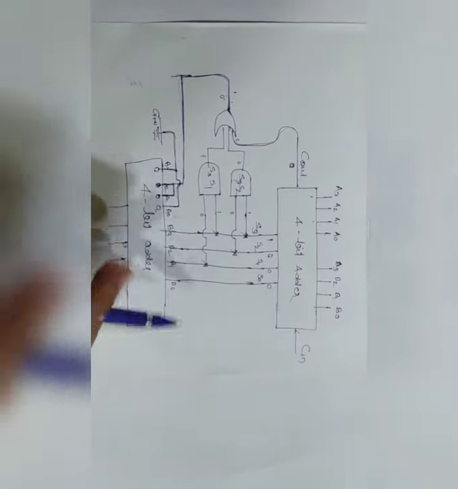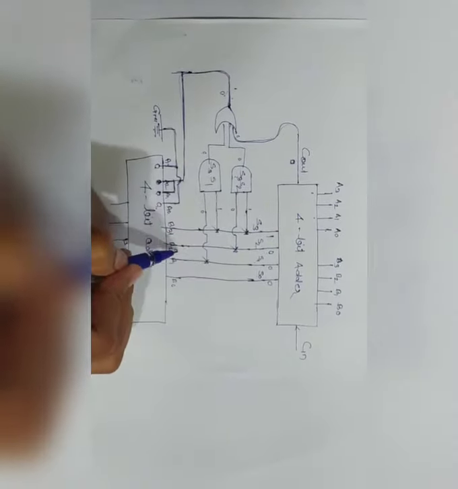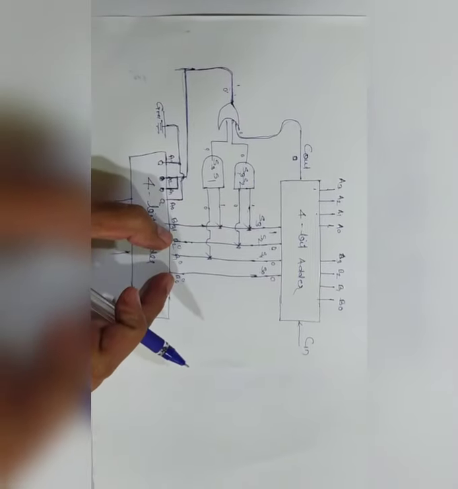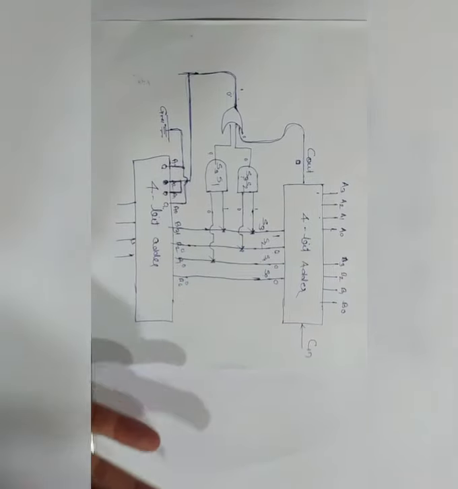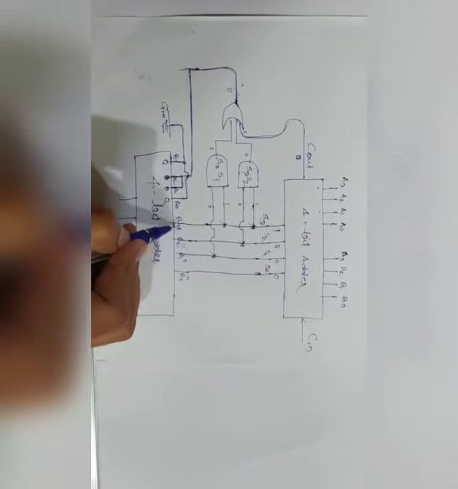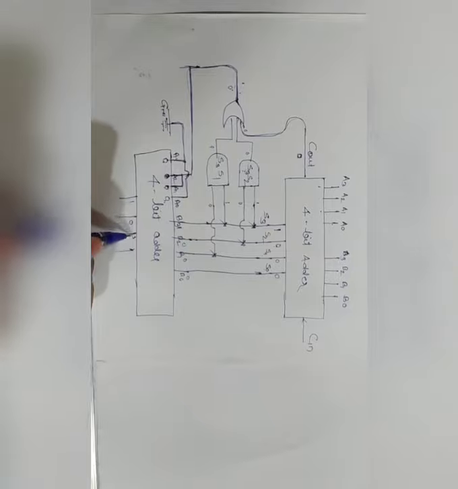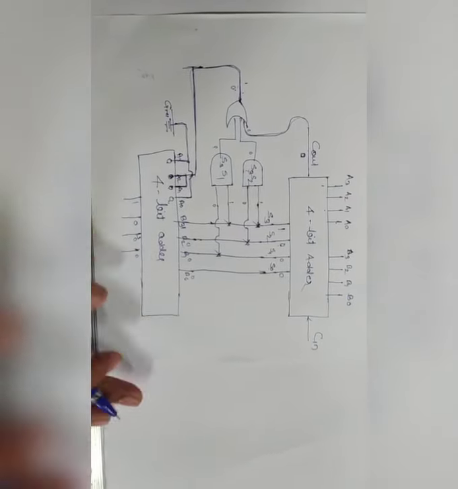This 0 comes here, this 0 is here and this 0 is here, and you are adding this with this. When you are adding 0 to any bit, you get the other bits as they are. That means the actual bits 1 0 0 0 will come as your actual sum, right?